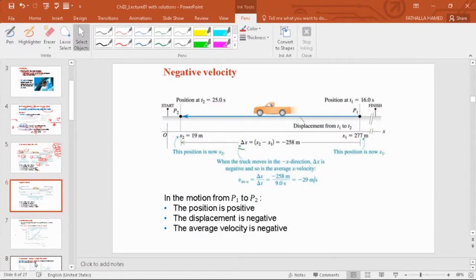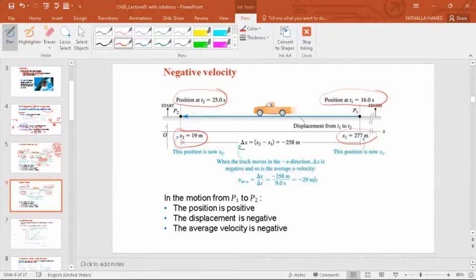In this slide here, we're going to look at a truck, okay, and we basically measure when t is equal to 16 seconds. We see this truck coming from a position x1, which is equal to 277 meters, and at t equal to 25 seconds, the truck basically gets to x2, which is equal to 19 meters.